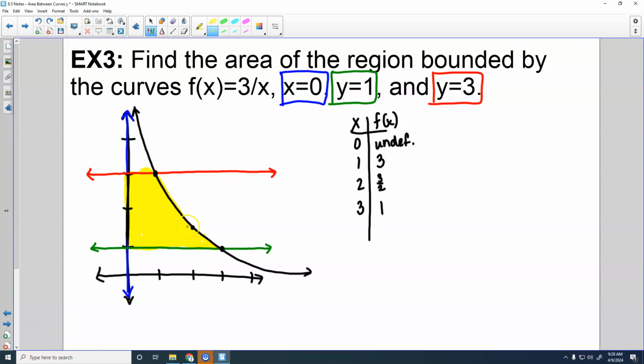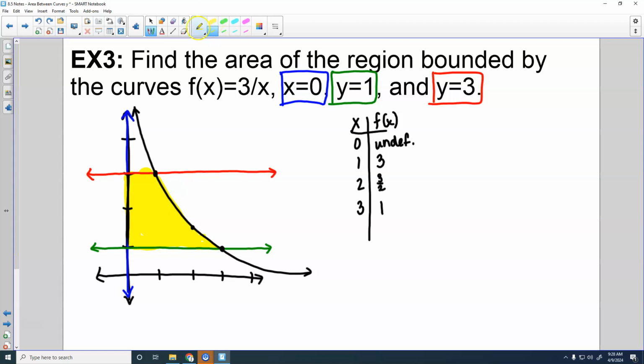The black one is on top here. What about over here? It's the red, right? So you can do this with x's, but you're going to have to split it into 2 separate sections. So if you do it with x's, you would have to split it right here. However, which one is furthest to the right? The black. And which one's furthest to the left? X equals 0, that y-axis, right? So since I have a function that is always furthest to the right and the other one's always furthest to the left, you can do that more easily if you do it that way.